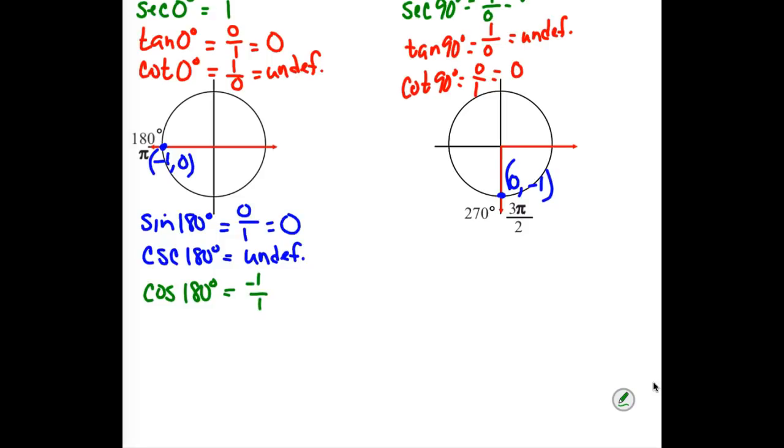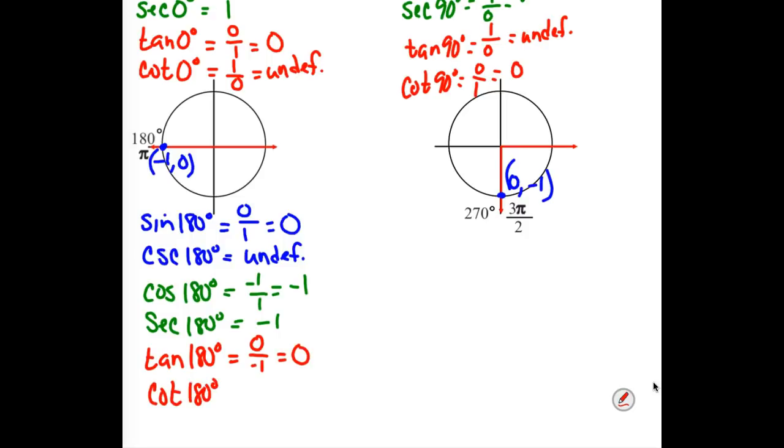So negative 1 divided by 1. Our cosine is negative 1. Our secant, the reciprocal of that, is also negative 1. Tangent of 180 degrees. We need y divided by x. 0 divided by anything is 0. And cotangent of 180 degrees is negative 1 divided by 0, which is undefined.